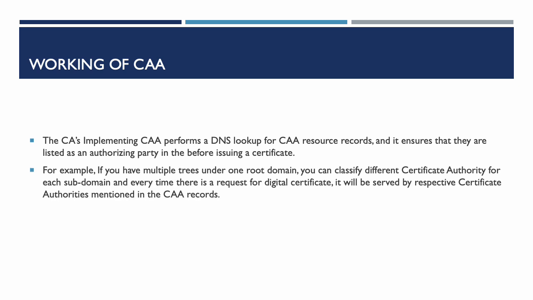For example, if you have multiple trees under one root domain, you can specify a different certificate authority for each subdomain, and every time there is a request for a digital certificate, it will be served by the respective certificate authorities mentioned in the records. Also, we can determine multiple certificate authorities for the same domain.